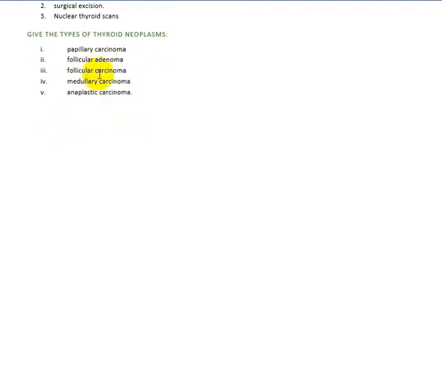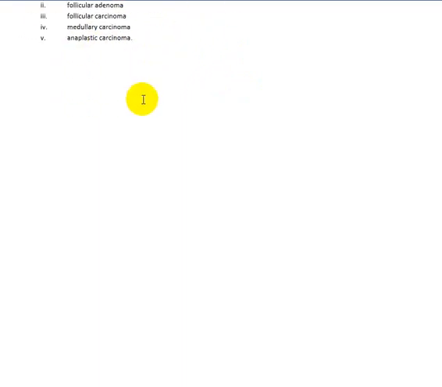Medullary is in the medulla portion. We have papillary carcinoma at the level of the cortex. The follicular is inside, at the level of the colloid. We have the medullary at the level of the intermediary cell, and we have anaplastic carcinoma.